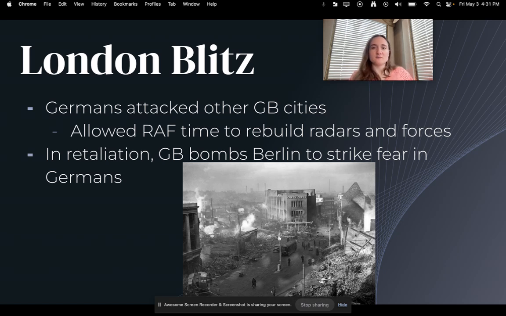But this was kind of a good thing for Britain, because if they attacked other cities besides London, then the RAF in London would have time to rebuild their radars and forces that might have got damaged in the bombing. And in retaliation, Great Britain then bombs Berlin, Germany's capital, to strike fear in the Germans, just as Germany was doing with the London people.